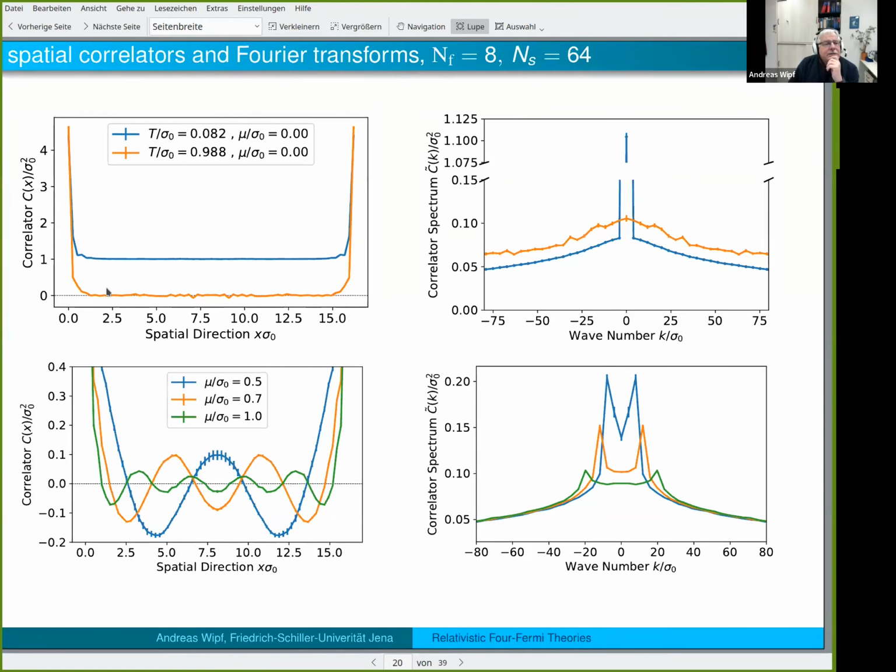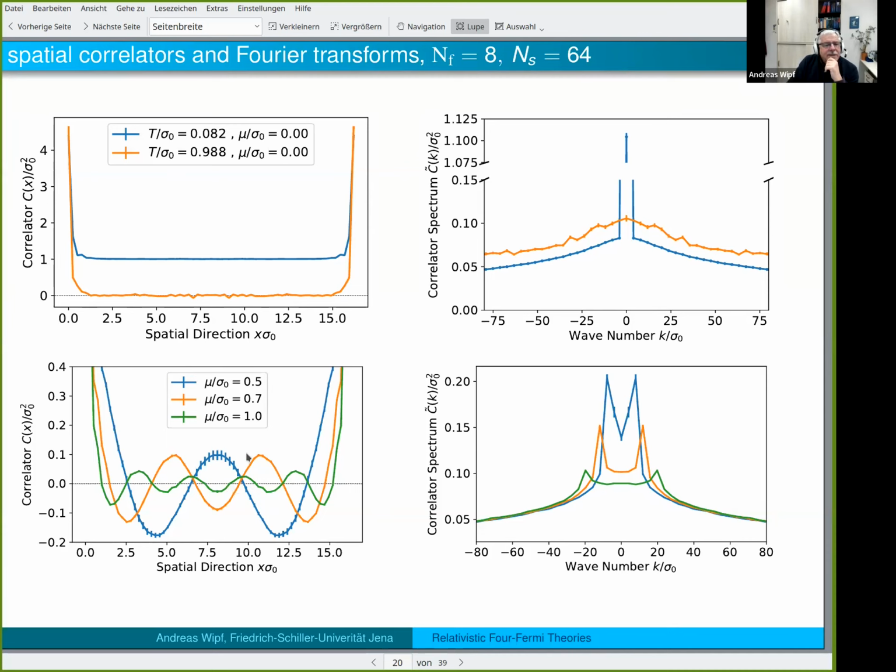You see the blue, which is saddle Z1, which again we interpret as a homogeneous broken phase, and high temperature is this orange curve, which goes to 0. And you look at the Fourier transform. Indeed, the blue has a peak at 0, and the orange is essentially almost small.